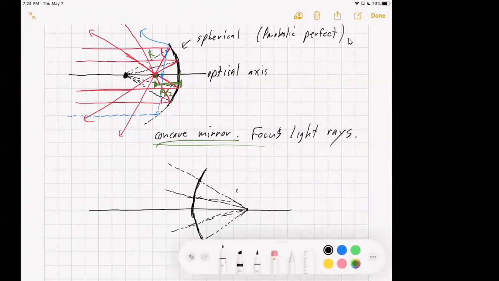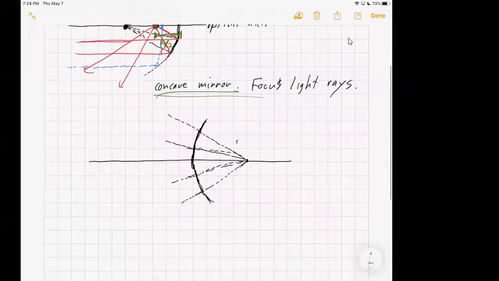So what's going to happen with light rays coming into this mirror? It's clearly not going to focus them. It's going to scatter them instead. But something interesting will happen. If you have a light ray coming down the middle, it will just go in and reflect the same way.